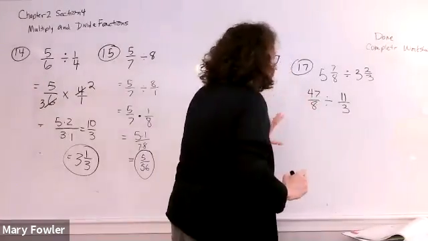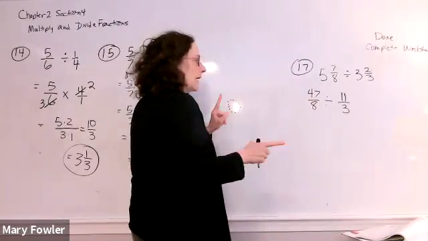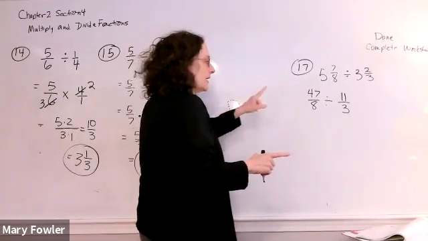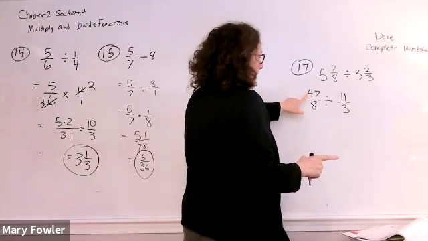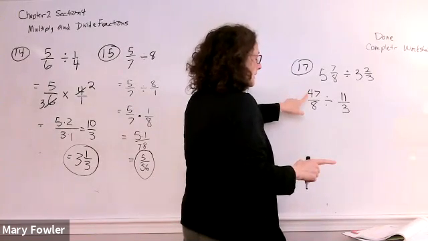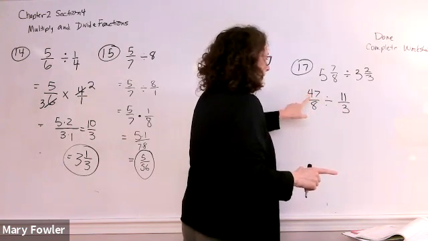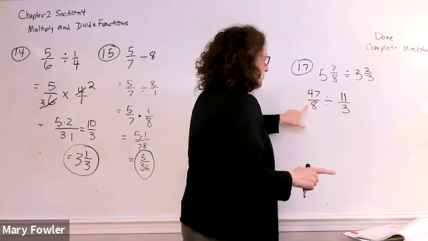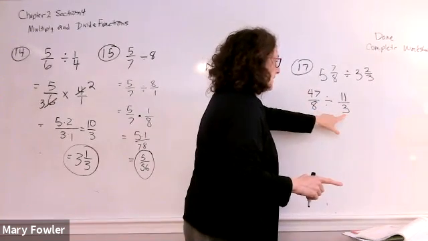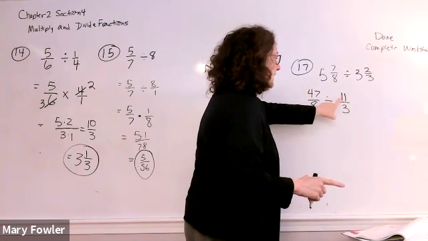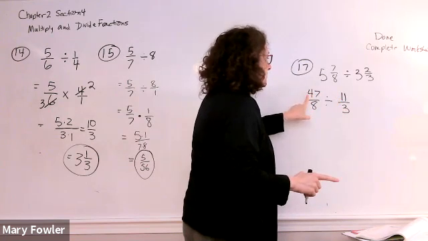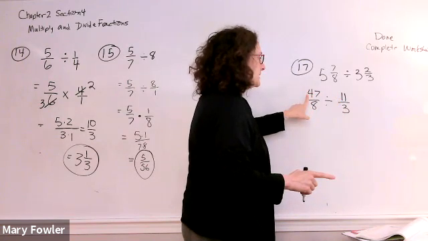Okay. So we want to look for common factors. We have none, 47, and 8 has all 2's in it, and 3 is just a 3, 11 is prime, and 2 and 3 do not go into 47.